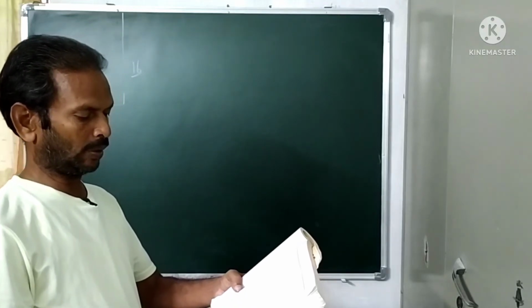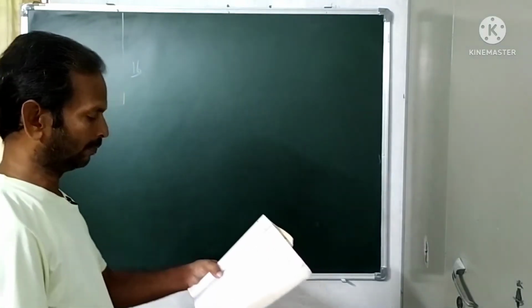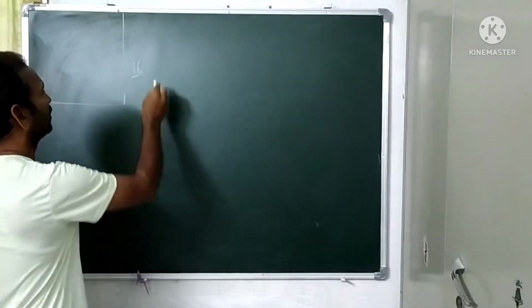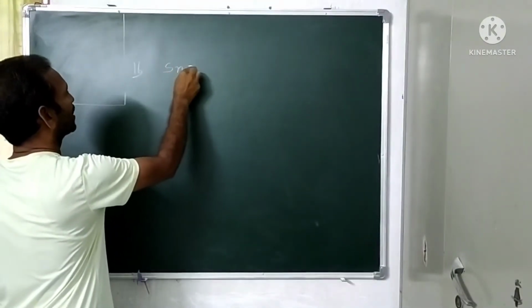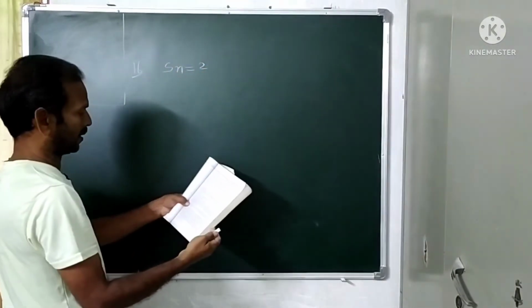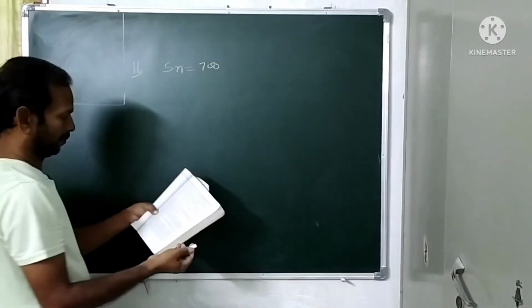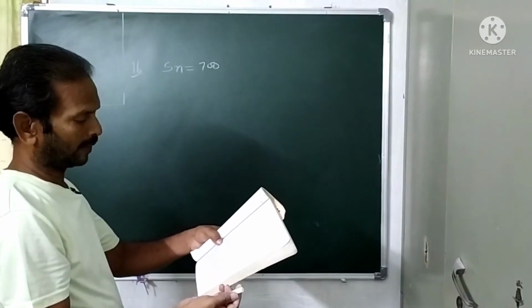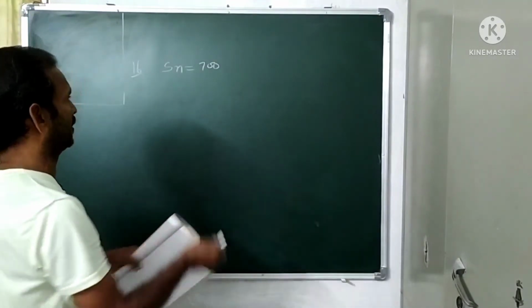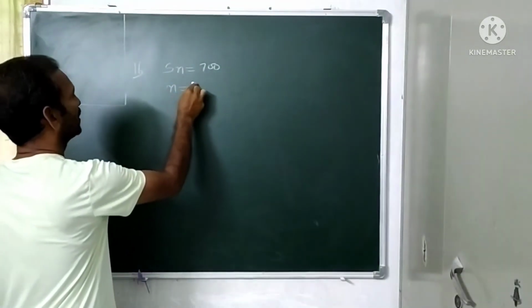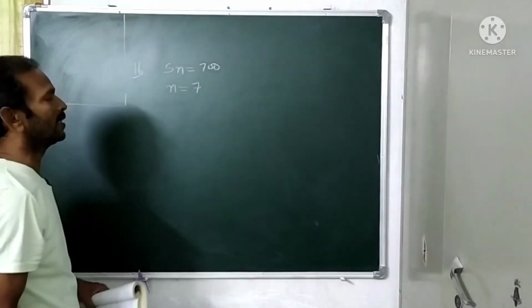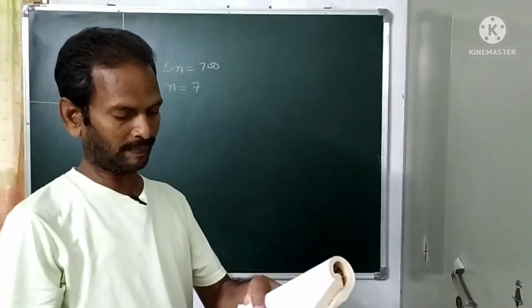Okay, so total sum how much is given? Sn is equal to 700. How many prizes they have to give? 7 cash prizes. n is equal to 7.